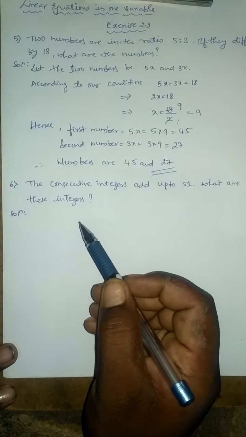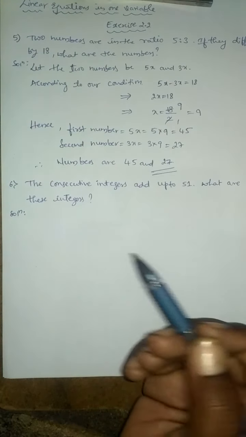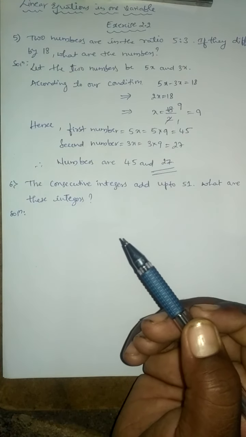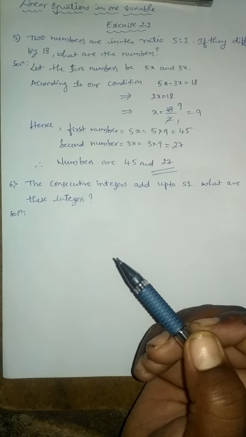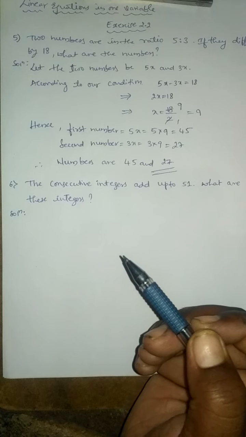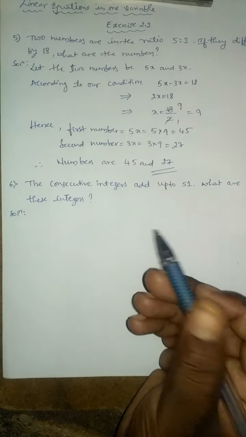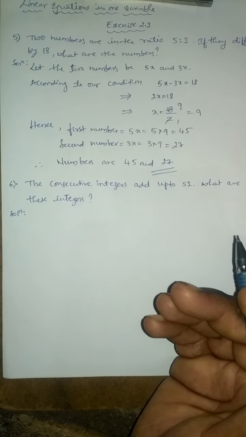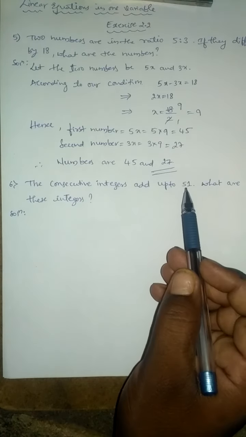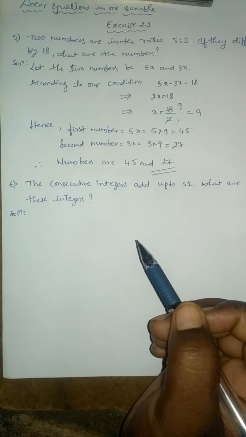See here, we don't know the three numbers. Consecutive integers means serial numbers, continuous numbers. So if we add any three continuous numbers, that sum is equal to 51. So we have to find out what those three numbers are.